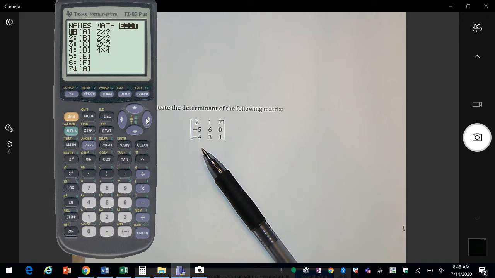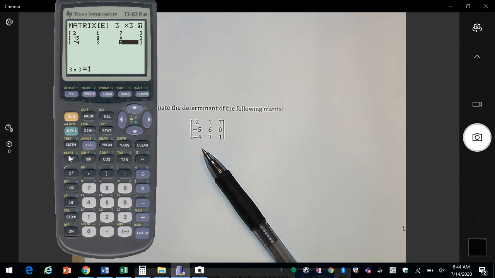And I'm going to use letter E. Always remember which matrix you're using. This is a 3 by 3. So the numbers are 2, 1, 7, -5, 6, 0, -4, 3, and 1.